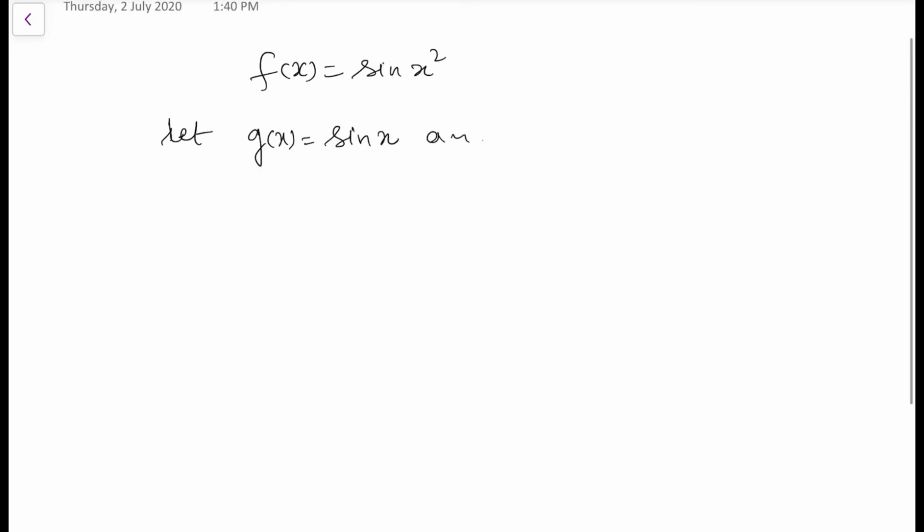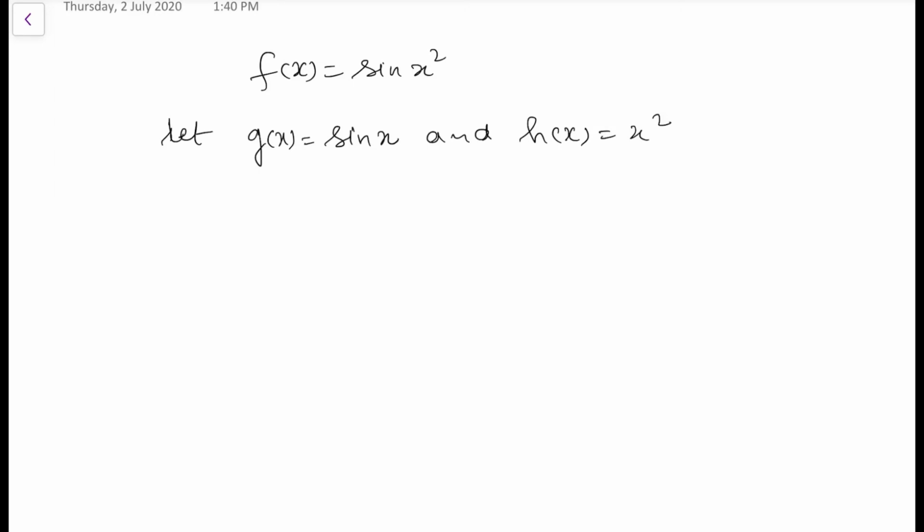For example, we have to show the function f(x) is equal to sin x square is continuous. Let g(x) equal to sin x and h(x) is equal to x square be two functions.